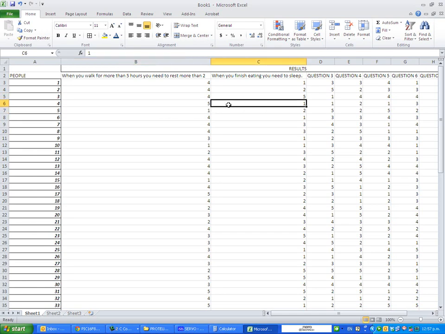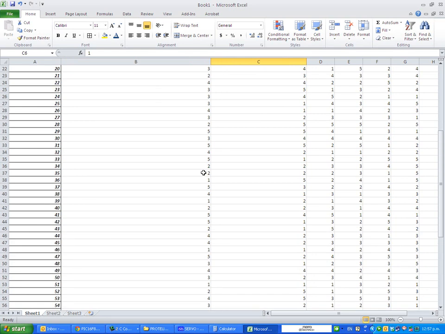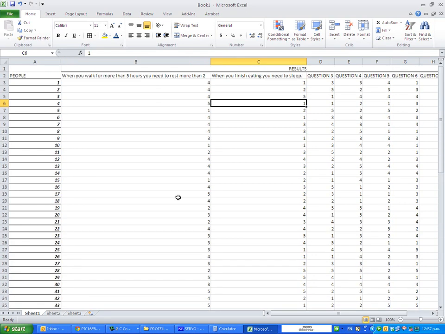So that would be a negative correlation. Always in a negative correlation, the opposite happens. When the first variable increases, there's a decrease in the second variable, and vice versa.